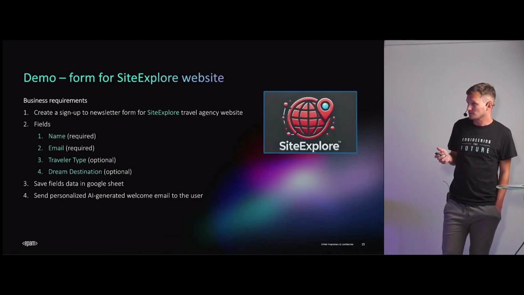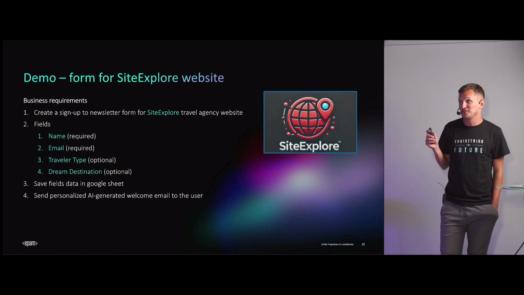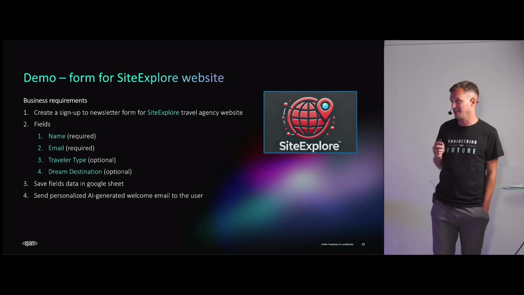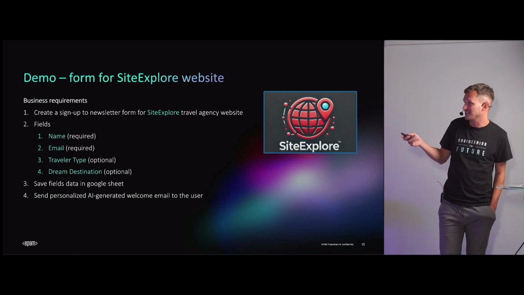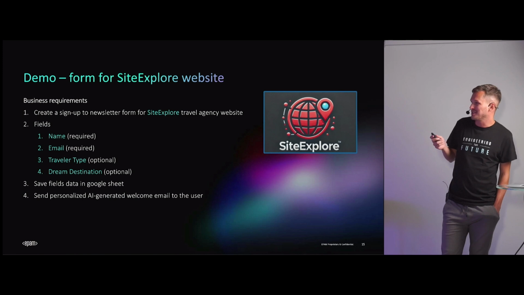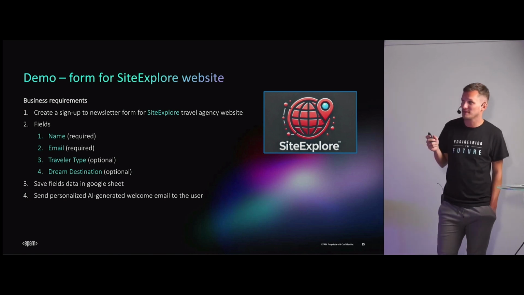Cool. So we're going to start with our demo. The business requirement for our demo is to create a newsletter sign-up form for a Sitecore travel agency website. I hope you appreciate the Sitecore logo, ChatGPT generated. There should be a reference to Sitecore somewhere. This form will consist of 4 fields: name, email, traveler type, and dream destination.